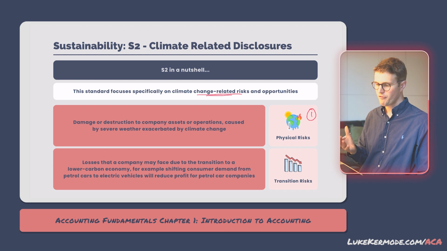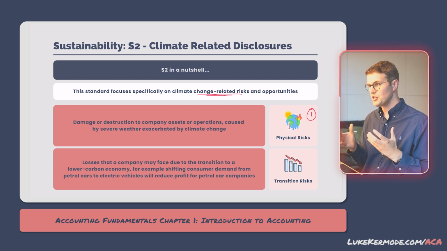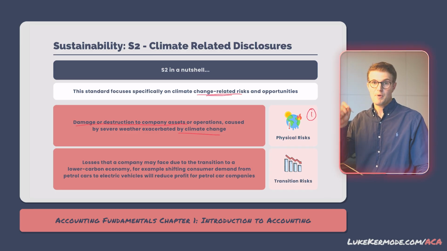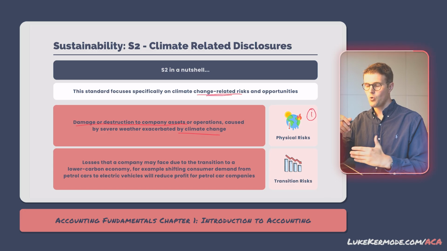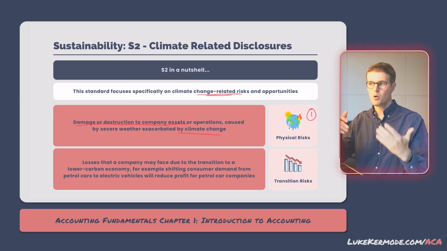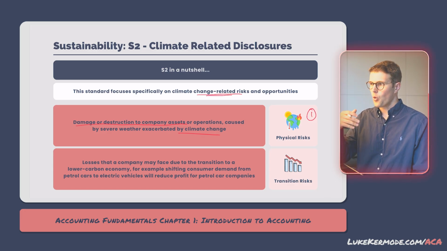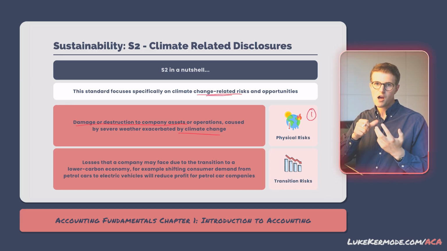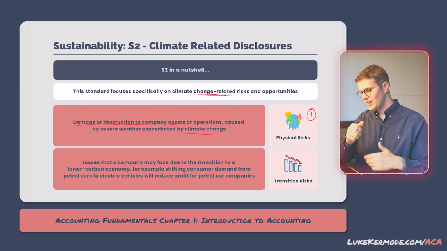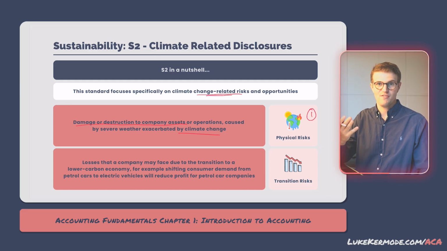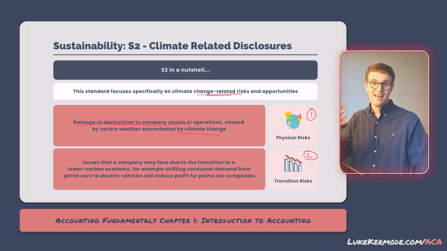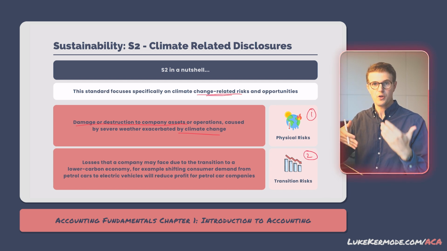These risks refer to the direct physical damage caused by climate change, such as the damage caused to the company's assets or any disruption to its business operations or supply chains caused by more frequent and severe weather events, so floods, droughts, hurricanes, heat waves, all of which have a negative impact on a business's valuation.